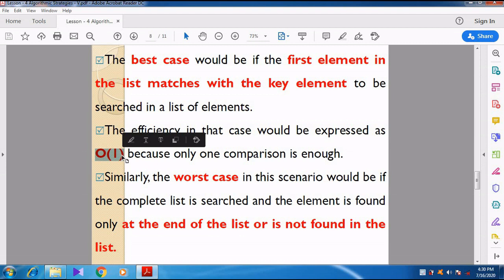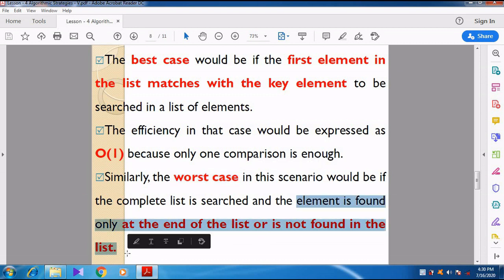Then what about the worst case? In the worst case, when we are searching for the element, the search element is found only at the end of the list, or it is not found in the entire list.